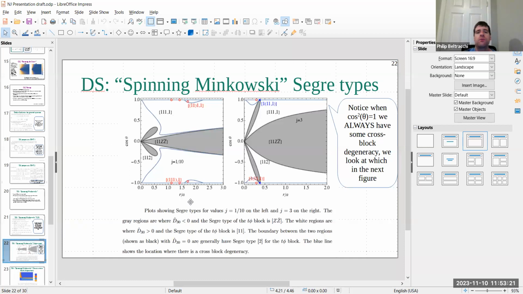In addition to the block Segre type, we could have a degeneracy between the blocks. So we could have, for instance, an eigenvalue from the T5 block equal to an eigenvalue from the R theta block. Points where this occurs are this blue line.